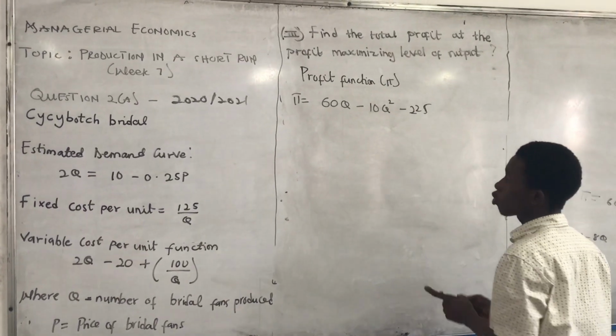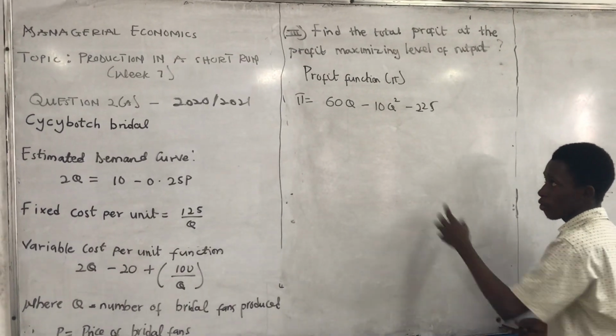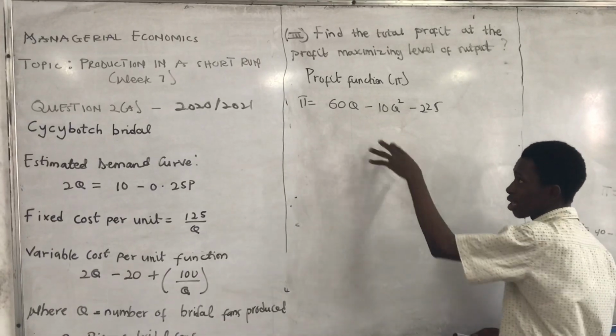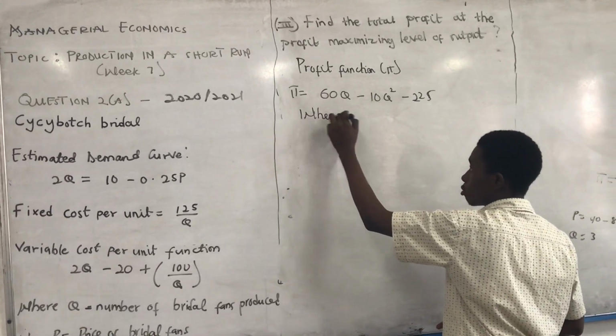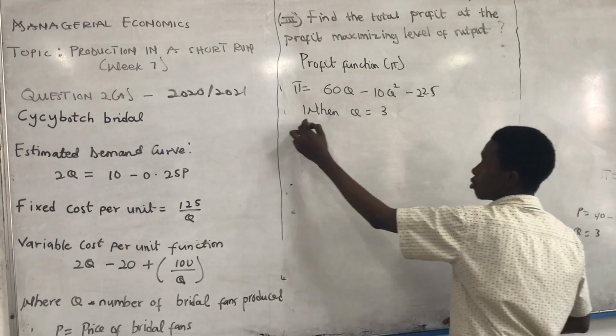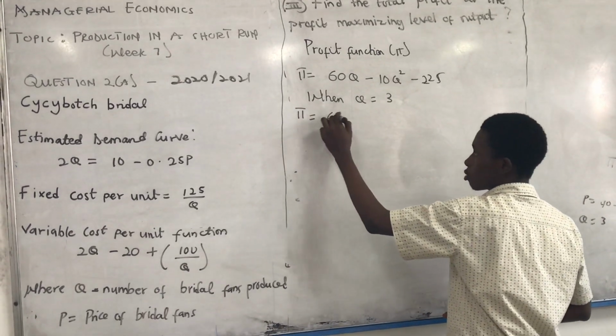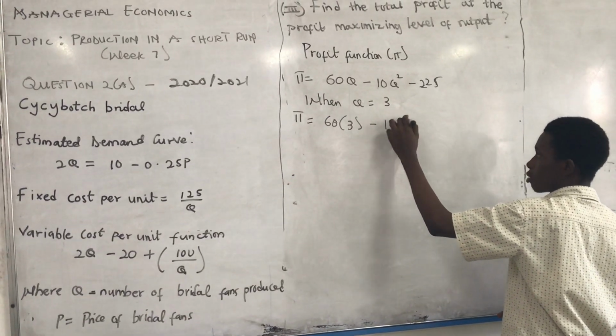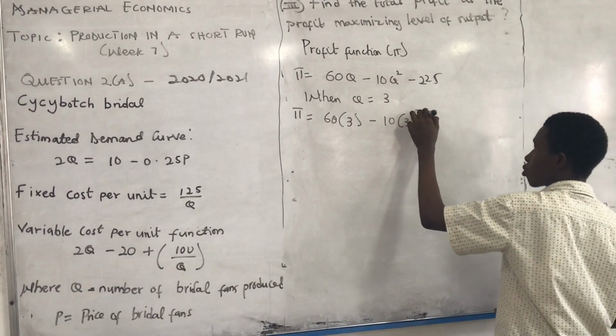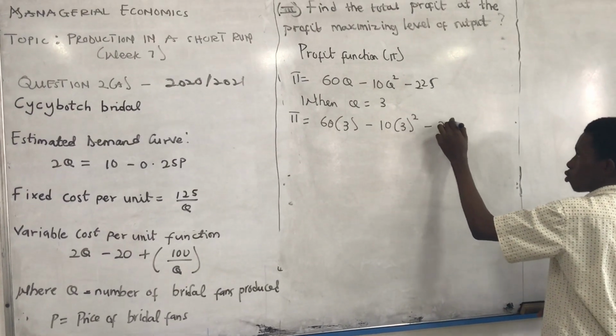Now we're asked to find the total profit. Remember, we already solved for Q. So we just input the Q here, then we get the total profit. So when Q is 3, profit is 60 times 3 minus 10 times 3 squared minus 225.